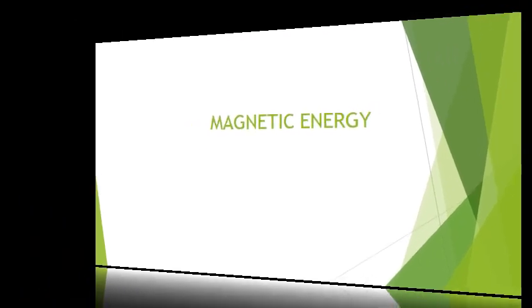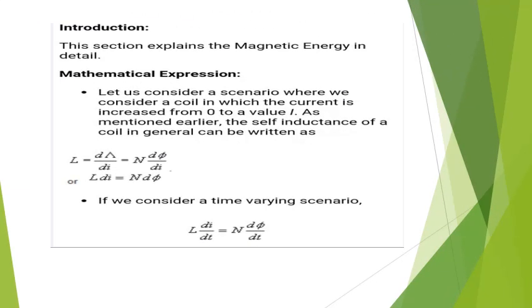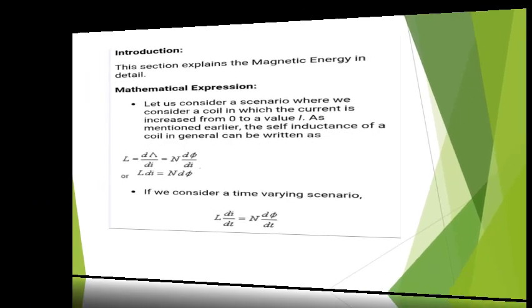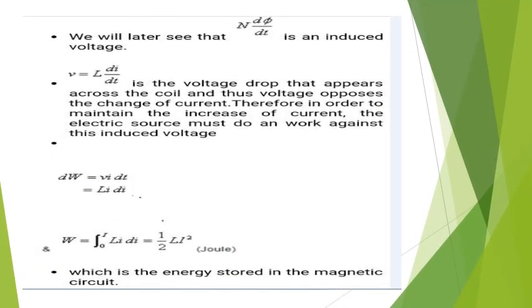Magnetic energy. The magnetic energy can be derived in terms of inductance. If we consider a time varying scenario, then L dI by dt equals N dΦ by dt. That is, the change in work done dW equals V I dt.